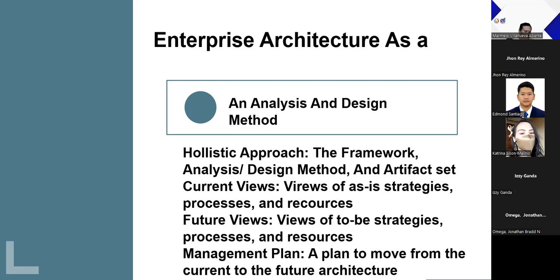So in the analysis and design method, we will tackle the holistic approach, the framework, analysis and design method, and the artifact set: current views of as-is strategies, processes, and resources; future views of the strategies, processes, and resources; and a management plan, a plan to move from current to future architecture.